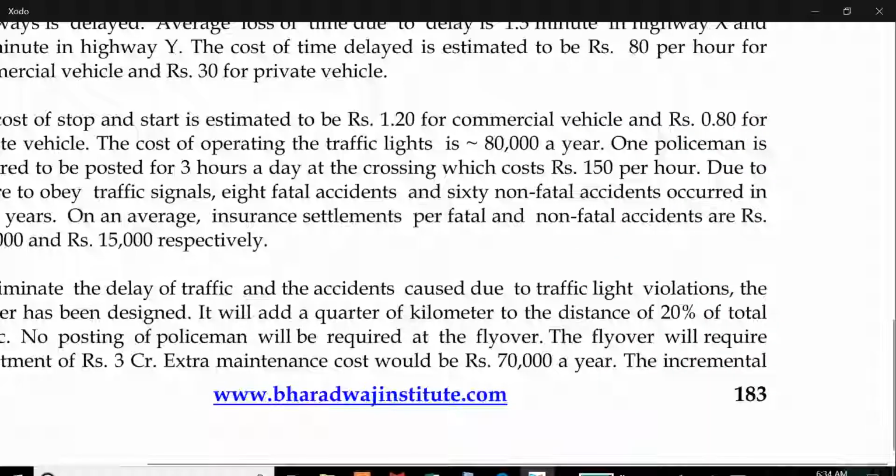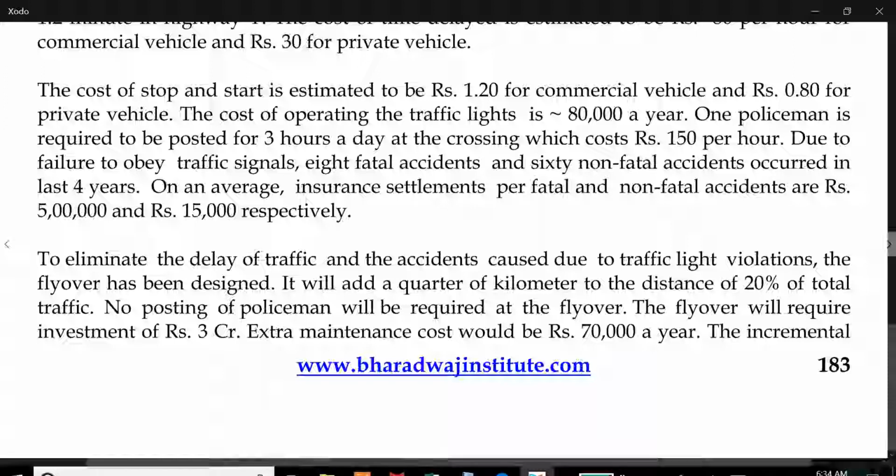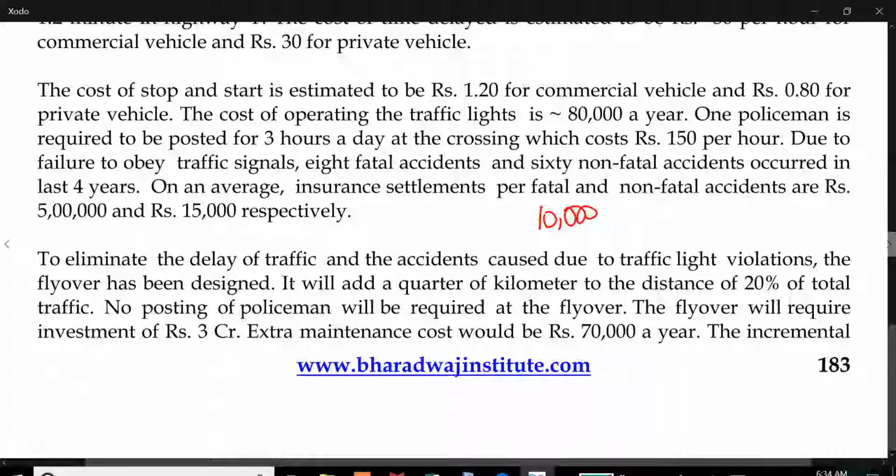The problem is, if I look at highway X, the calculation is like this: the vehicles are going to be 10,000. It will add a quarter of a kilometer, which is 0.25, to the 20% of the total traffic. It's not for the entire route.